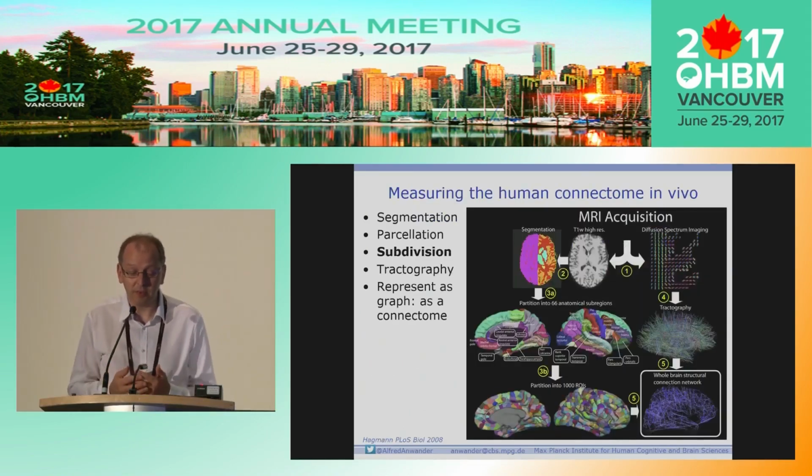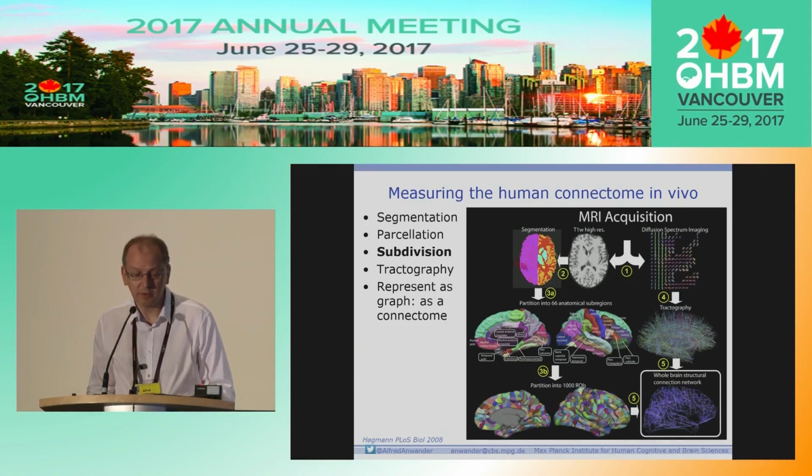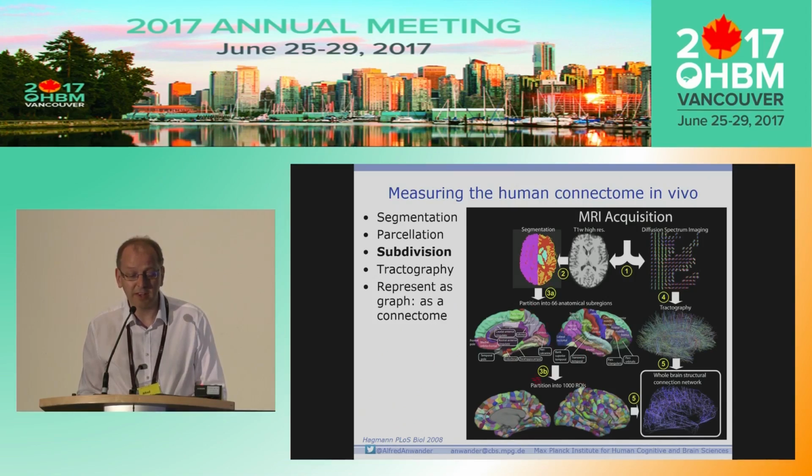One of the first, very dominant applications of this connectome was done by Patrick Hagmann, who proposed this a long time ago, and who did this approach by segmenting the brain, getting the different regions, gray matter, white matter, and doing a parcellation of the brain based on the gyrification. Then, very importantly, and this is often forgotten, he did a subdivision into very small areas along each gyrus.